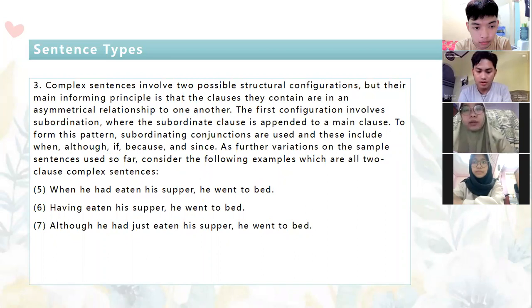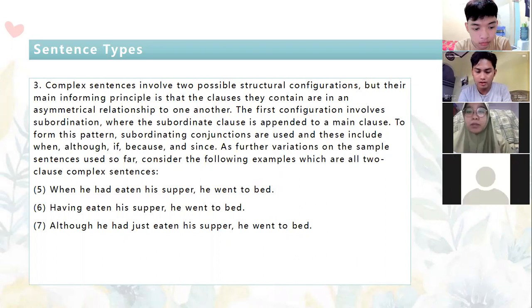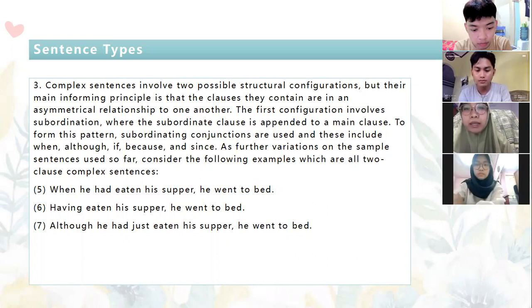The third type is complex sentences, which involve two possible structural configurations, but their main informing principle is that the clauses they contain are in an asymmetrical relationship to one another. The first configuration involves subordination, where the subordinate clause is appended to a main clause.